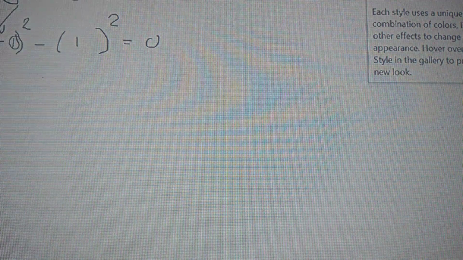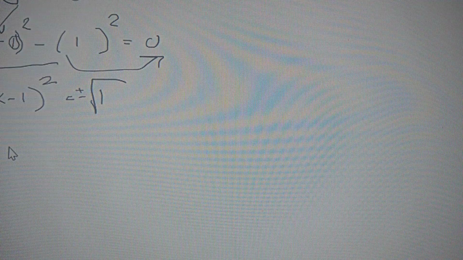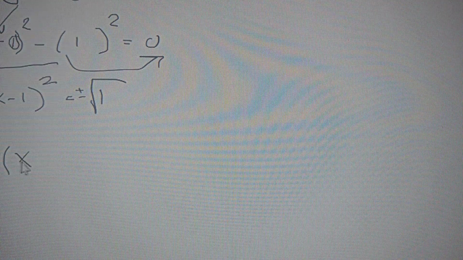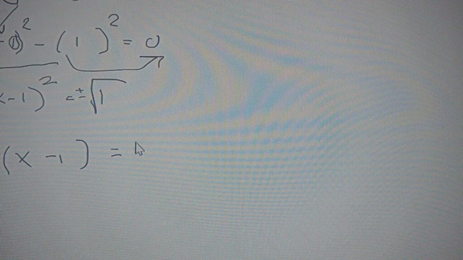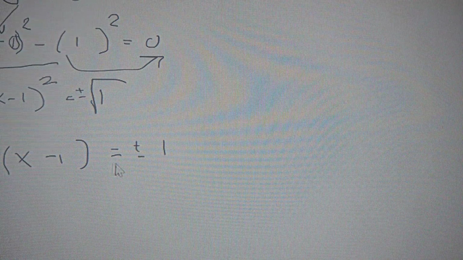Alright, so what we have is then x minus 1 squared is equal to, moving this to the other side, 1. Taking the square root of both sides, what do we have? We have x minus 1 is equal to the square root of 1, which is plus or minus 1.